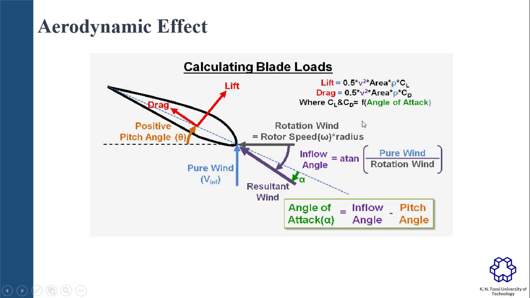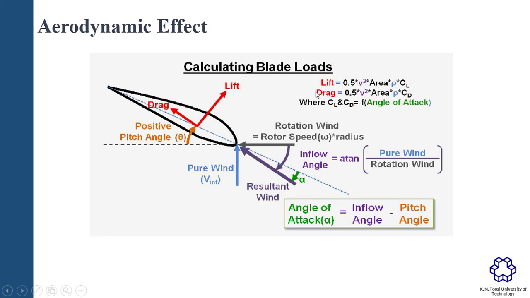Due to our understanding of the blade and the wind, we know the angle of attack of our blade. So if we know the angle of attack and the function, we can find the drag and lift coefficients, and ultimately we can find the lift and drag forces.